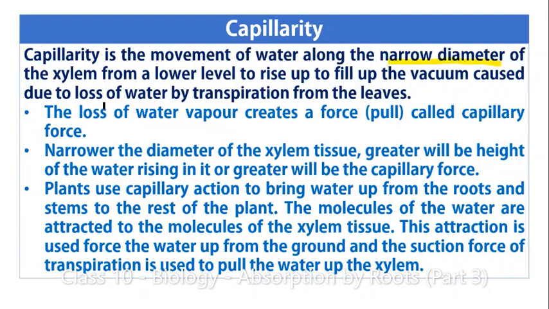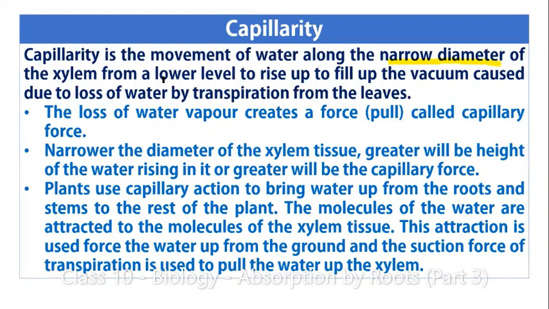The xylem vessels are like tubes, and the cells are hardly seen. Cells are generally very small, microscopic in nature, and the diameter of those xylem vessels is very narrow.